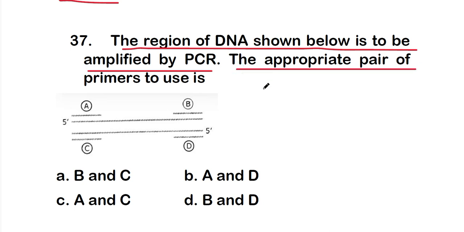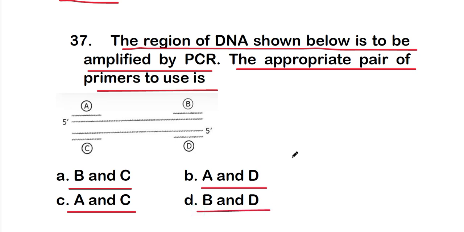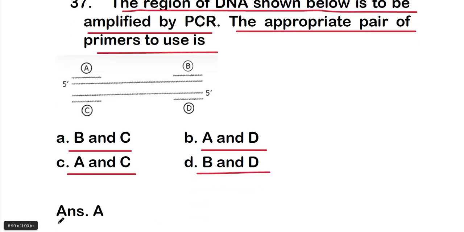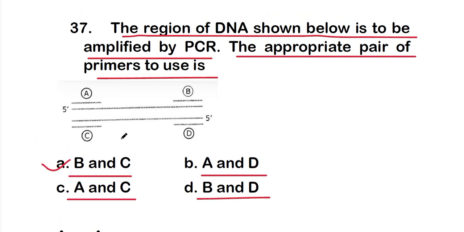The appropriate pair of primers to use is option A, that is B and C, option B, that is A and D, option C, that is A and C, or option D, that is B and D. So the right answer is option A, that is B and C is the right appropriate pair of primers to use for amplifying the DNA by PCR technique.